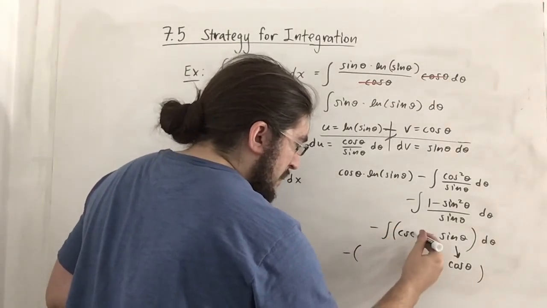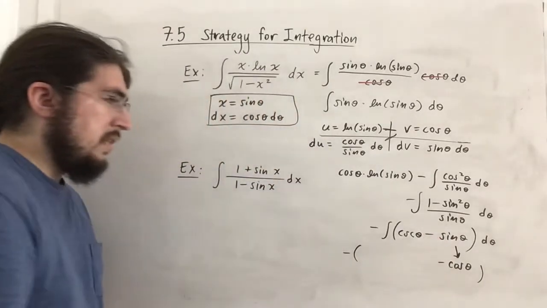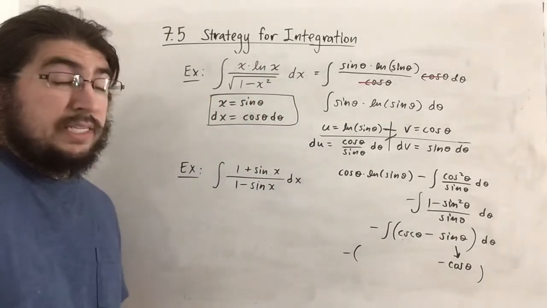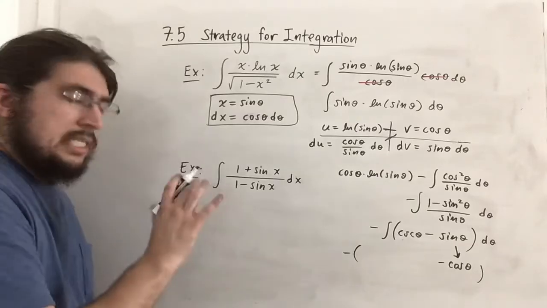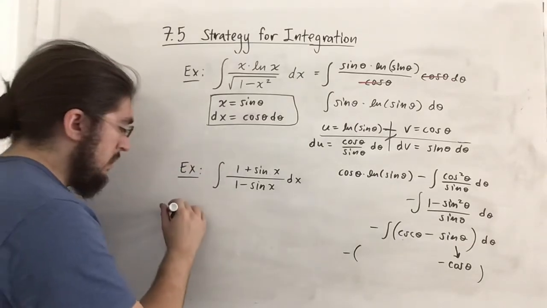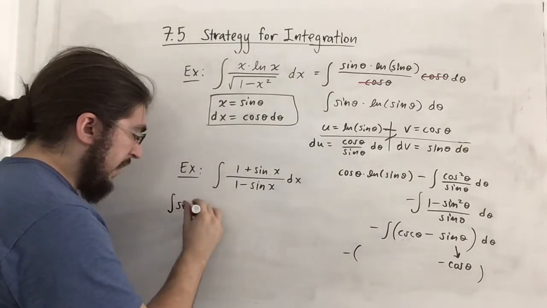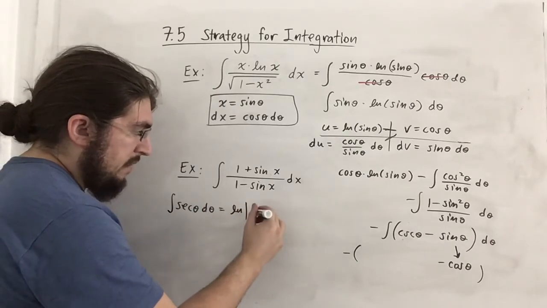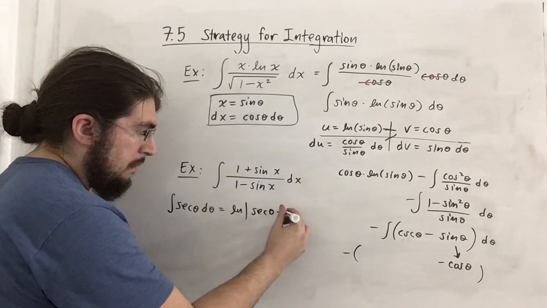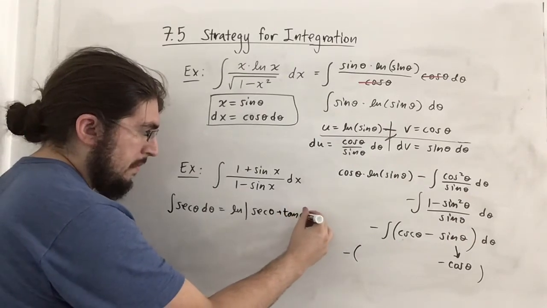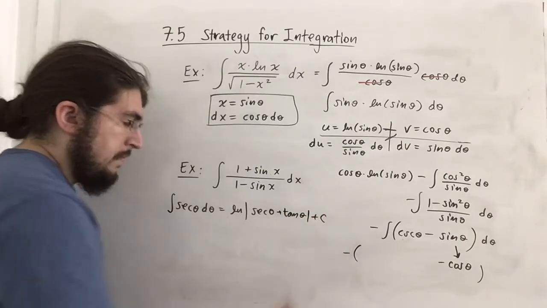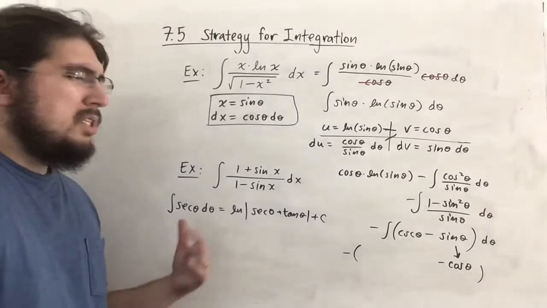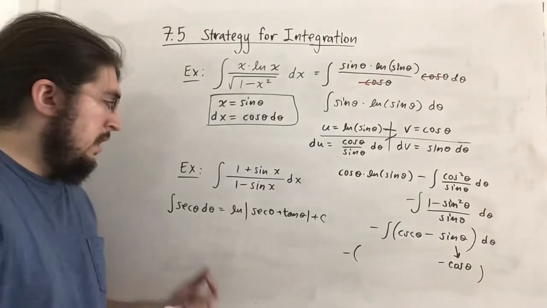And this is something I mentioned before, specifically in 7.2, that I said hopefully wouldn't come up at all, and it's coming up a little bit here. And that was the integral of secant of theta. And this is kind of like a known fact, that it's ln of absolute value of secant theta plus tangent theta plus c.